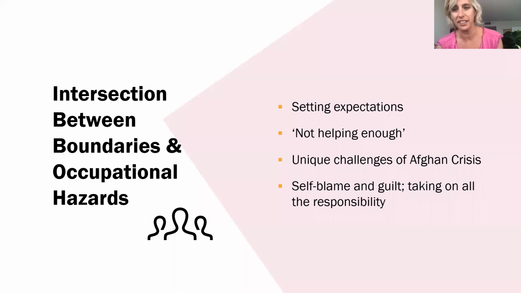So I think you're seeing some of the intersection between boundaries and occupational hazards. But again, if we're not setting these expectations, if we're over-helping or we're negating our boundaries, we're essentially just reinforcing that pressure that we have in ourselves. We're just reinforcing that need that our clients have of us.